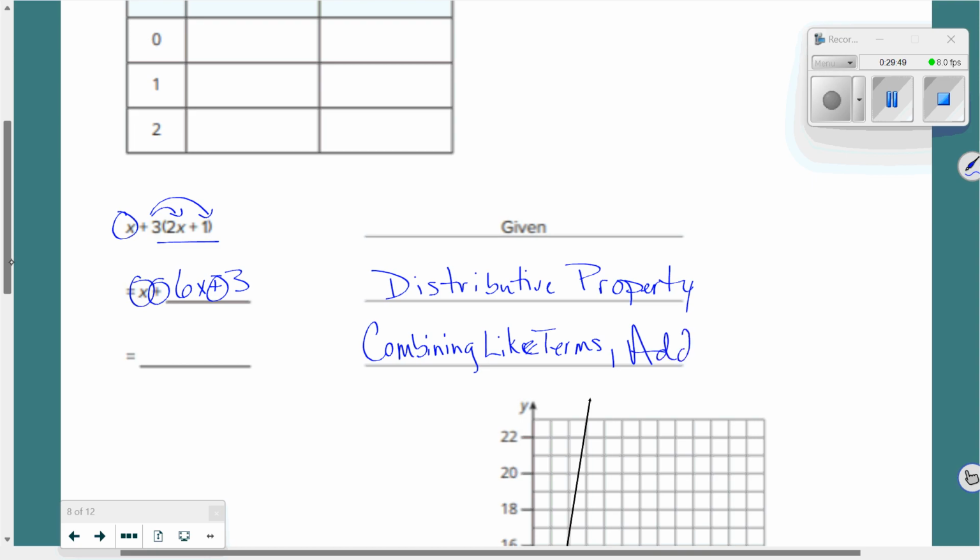For subtraction, you'd say subtraction. Okay? In this case, I'm putting the like terms together. So I have an x here and an x here. So x plus 6x is 7x, but how am I combining them? Combining them with addition. And then the 3 is still alone, so I just write it like that. Make sense? Okay, so let's go to your homework.